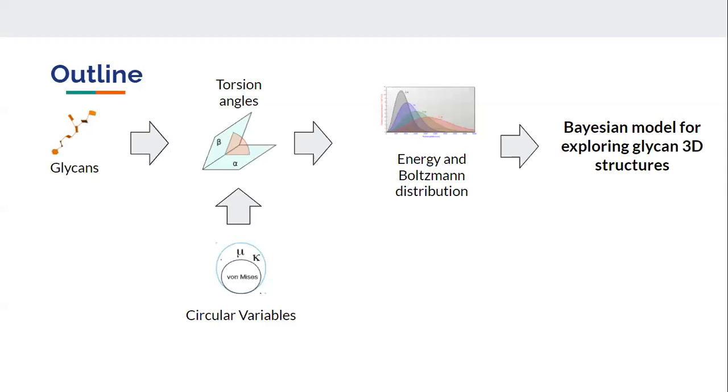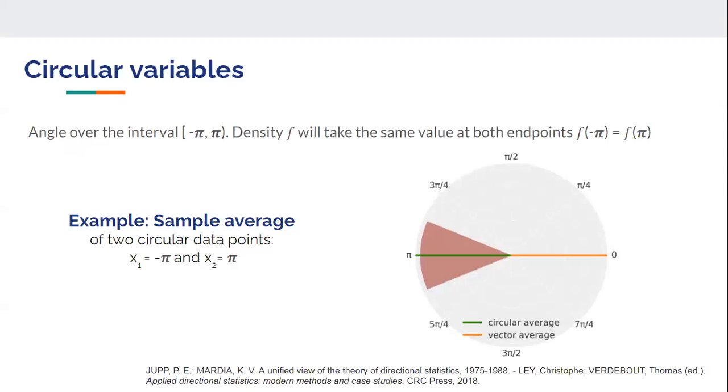As you may have noticed, torsion angles are circular variables. It means that they can be represented as angles over the interval minus pi, pi. And their density f will take the same value at both endpoints. Circular variables have an inherent complexity to them. When working with them, we must account for the curved nature of the sample space.